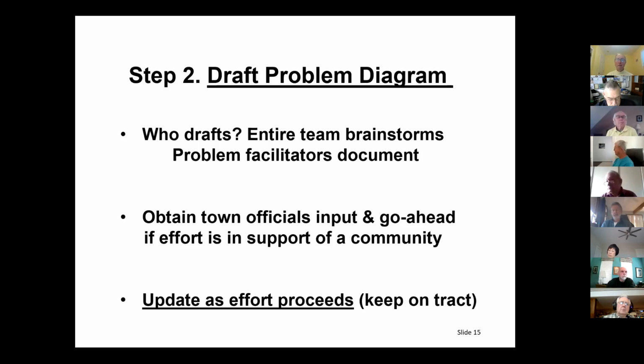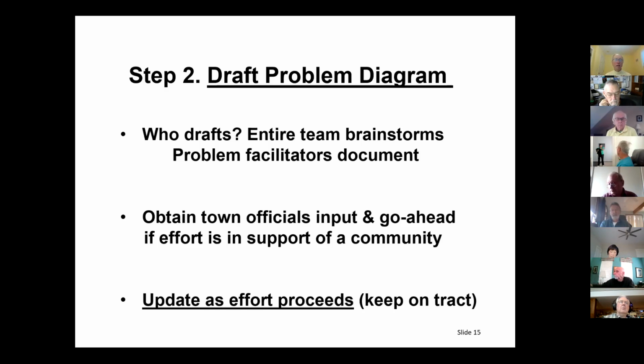And then we need to update this problem diagram as the effort proceeds. We may find that in our first cut, starting effort with the problem diagram, we've left out something that's really key. Well, we're going to have to include it. We'll have to set up a new team, whatever it takes to address the problem as thoroughly as we can.